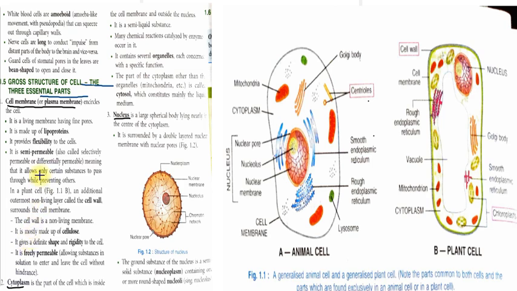So these are the three important parts: cell membrane or plasma membrane, cytoplasm, nucleus.